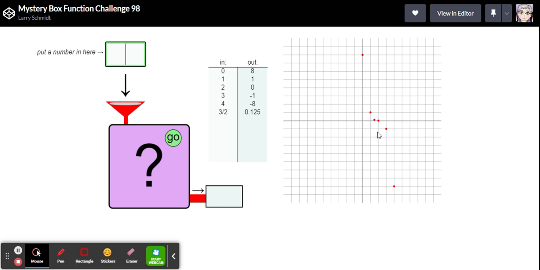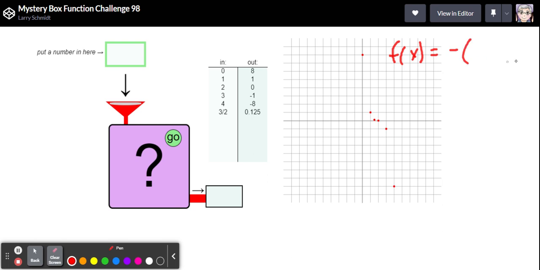So this does look like a cubic function, although normally a cubic function is low on the left and shoots up high on the right, and this is the reverse. So what that means is I think a negative sign has been put in front of the function. So if we start sketching this out here, we've got a negative. Well, and also the center here is not at the origin, so I'm going to put parentheses up here. And that's our cubic function.